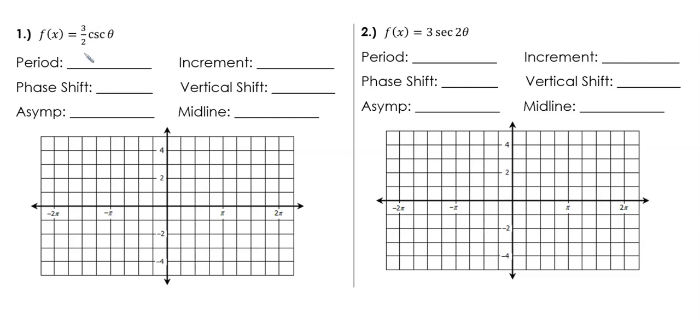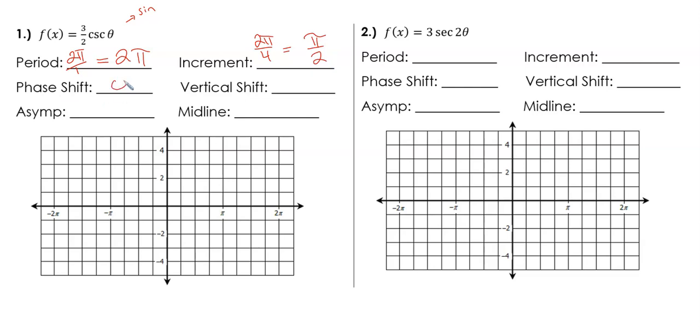I have 3/2 times the cosecant of theta. Remember again, the cosecant is the reciprocal of sine. My b value here, I don't have one, so it's 1. So I'm doing 2 pi over 1, so my period is still 2 pi. My increments, no matter what, we're always dividing by 4, so it's 2 pi over 4, which is pi over 2.